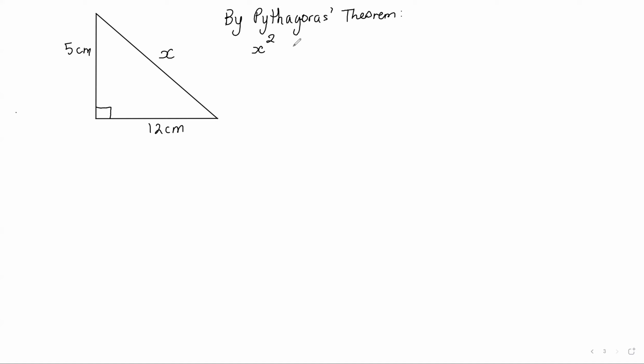Well, x squared, because it's the square of the hypotenuse, right? So x squared is equal to 5 squared plus 12 squared. Yeah. And then what? And then x squared equals 25 plus 144. That's right.